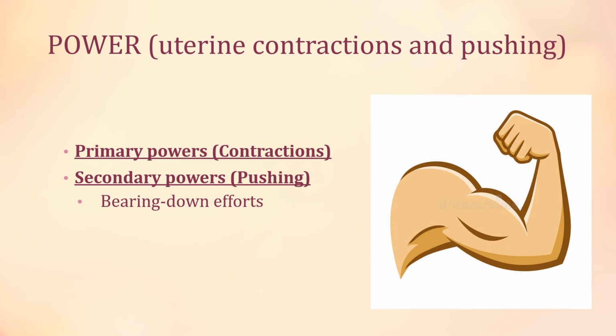And if anything is dysfunctional with it, then labor is not going well anymore, and we're having problems. The powers are a perfect example of that, as are all the other things we've talked about. But the primary power is contractions. If we are not contracting strong enough or often enough, then we are probably not progressing in labor.